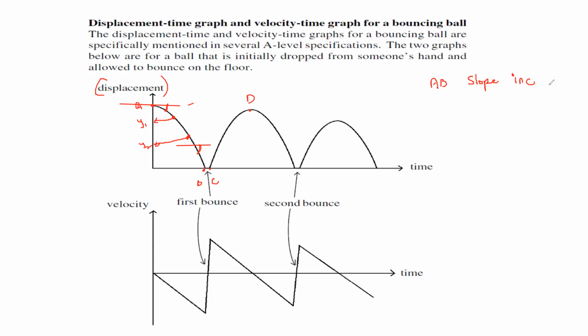So the slope should increase and it should be negative. We have a displacement time graph and we know that for displacement time graphs the slope represents velocity. So what should happen to velocity? The velocity should increase, but it should be on the negative axis.